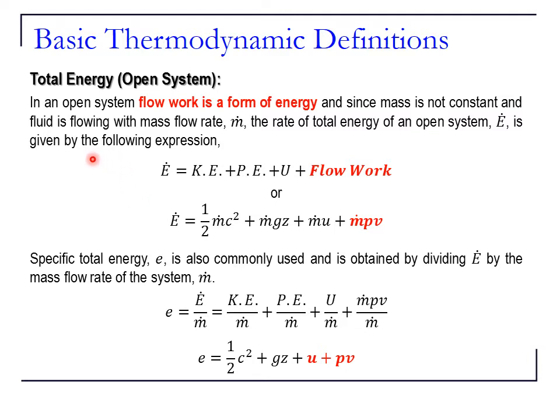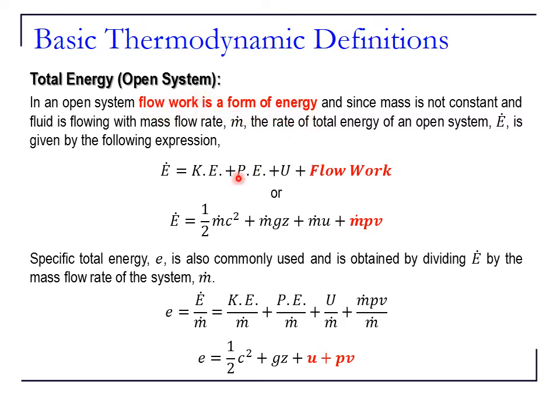In an open system, we have already derived how to calculate the flow work. For convenience, we are going to regard this flow work as another additional form of energy.